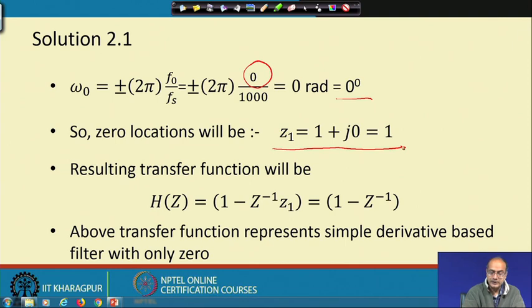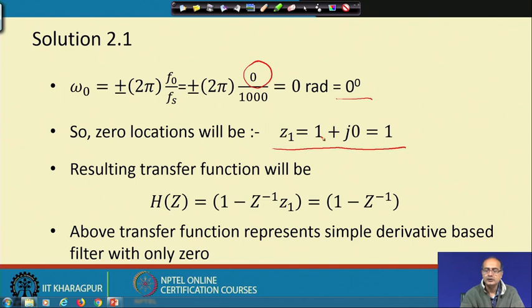Now, in this particular case, our zero is lying on the real axis, there is no imaginary component, so the filter is already a real filter.